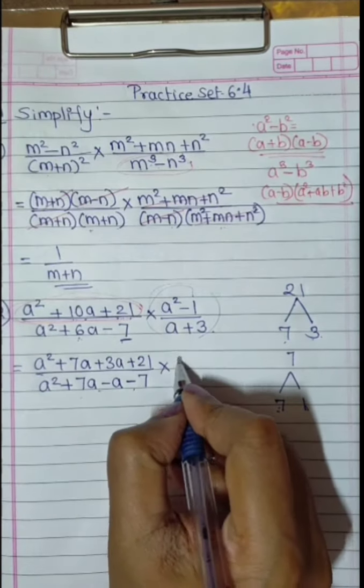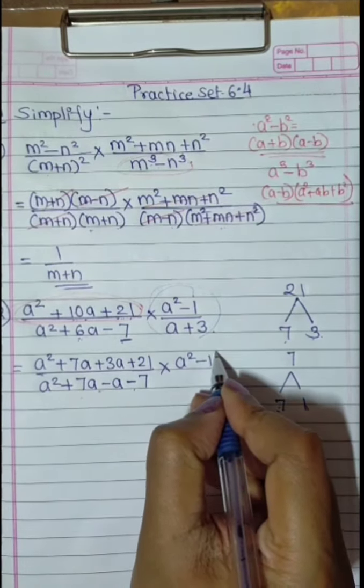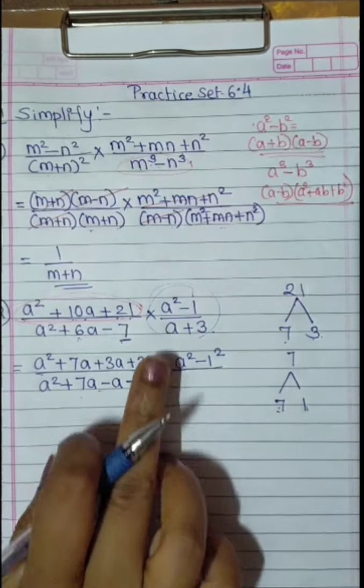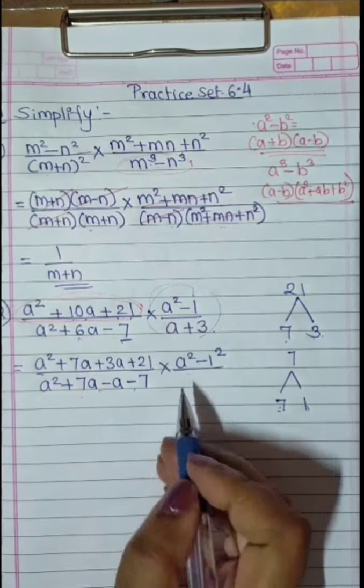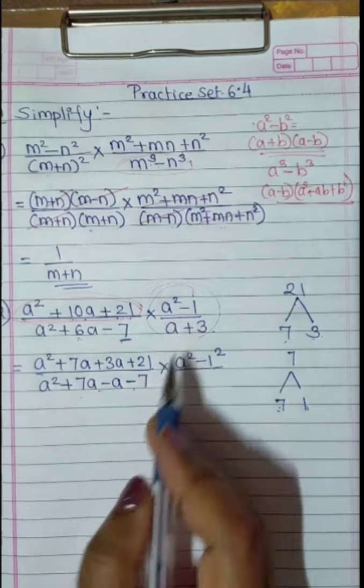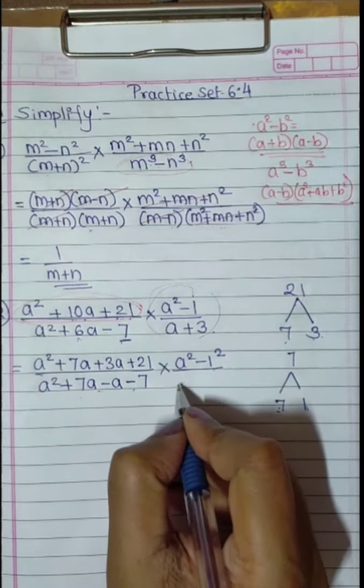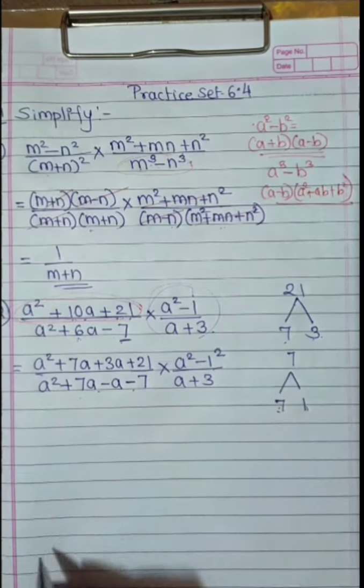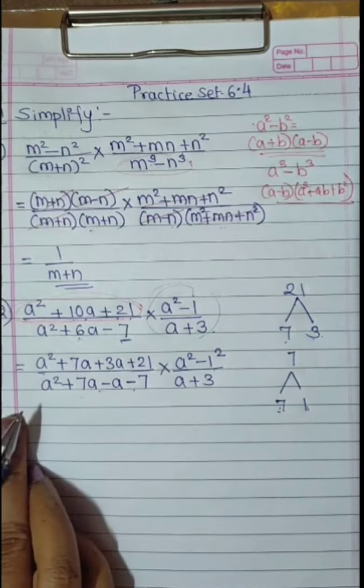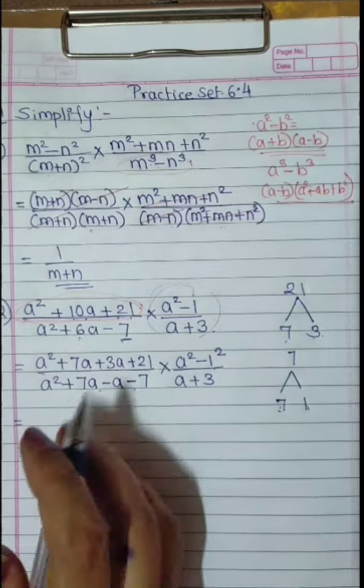Now as you can see, a square minus 1 square I have taken. Now the denominator is a plus 3, as it is I am writing. Now next step, again we have to solve this.